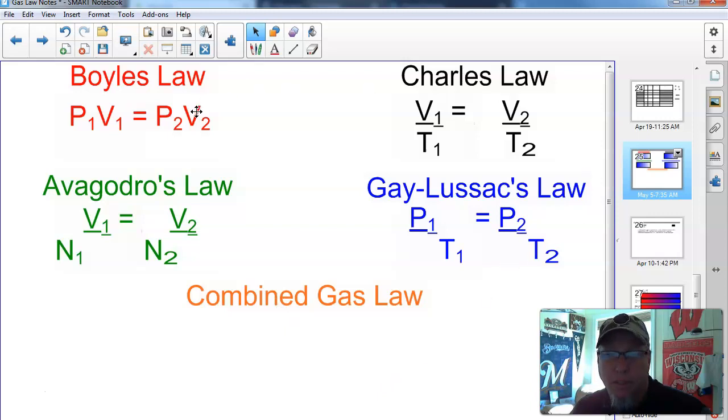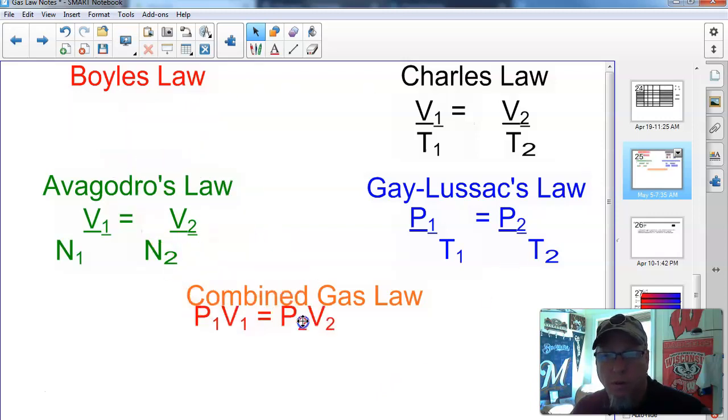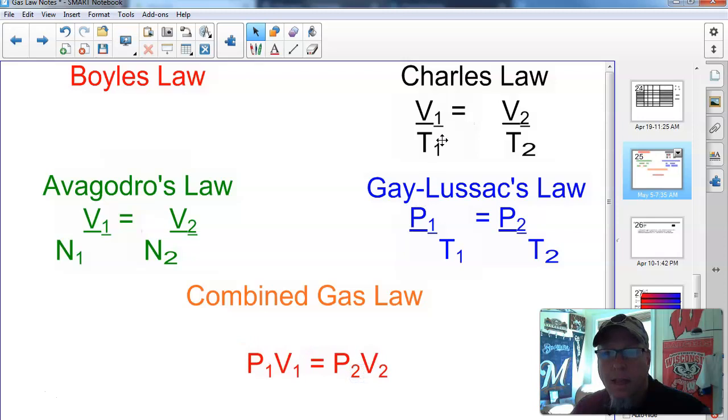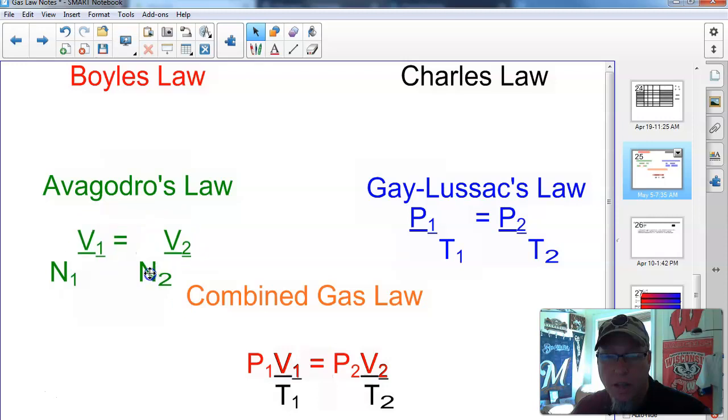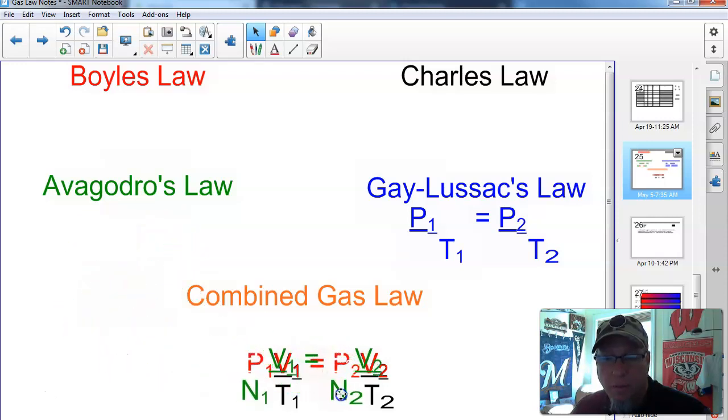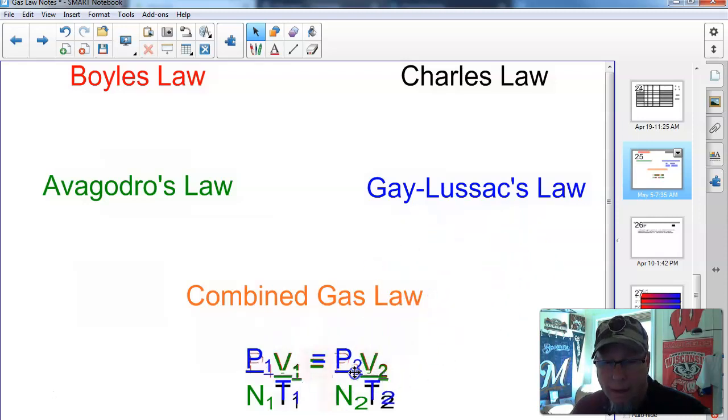So guess what happens if we take these four laws and I magically put them all together. Look at this. It's amazing. If I put them all together, we get one law, and that one law is the combined gas law.